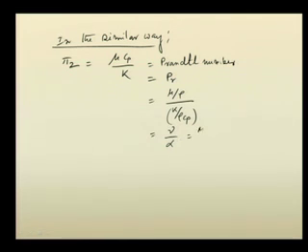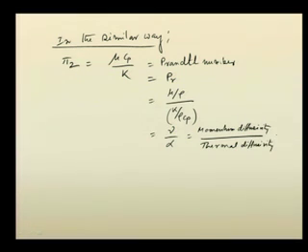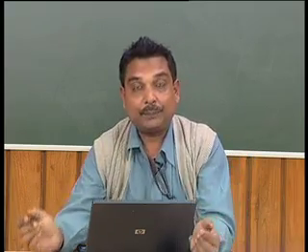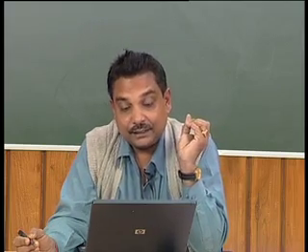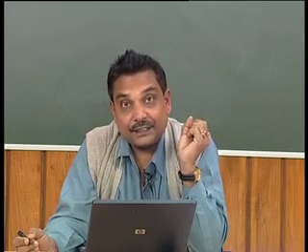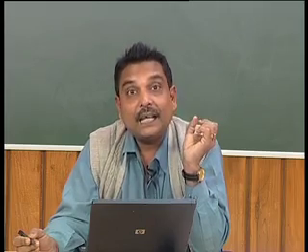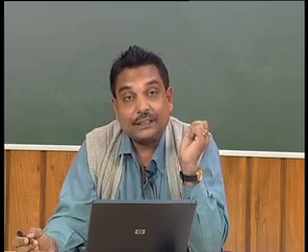This is called momentum diffusivity by thermal diffusivity. So, Prandtl number is a ratio of two important variables, the diffusivities, that is momentum diffusivity and thermal diffusivity. So, it is a dimensionless group.